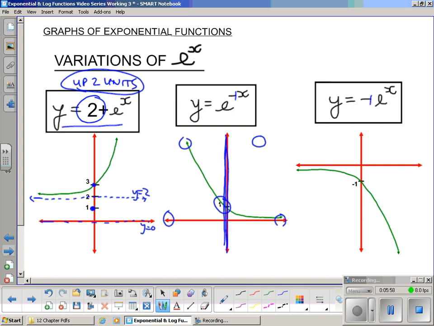It's reflected around the x-axis. Where the basic curve used to go up like that, it's been reversed and reflected in the x-axis, so we've got that shape going down here. You'll notice our y-intercept has gone from 1 to -1. So just some slight variations from the basic theme of y equals e to the x, depending whether there was a +2, a -1 in the index, or a -1 out the front.